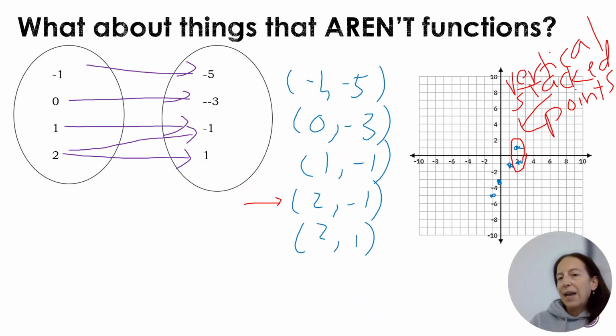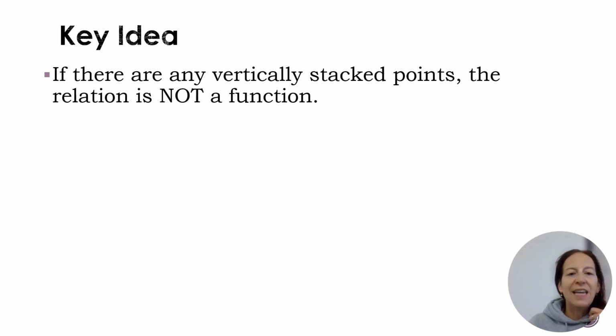So if you're looking at a graph, if you don't see any points that are stacked up, then it's probably a function. If you see even one stacked point, like one location where there's a point stacked over another point, you could kind of draw that vertical line, it is not a function. It has been disqualified. So that brings us to this key idea.